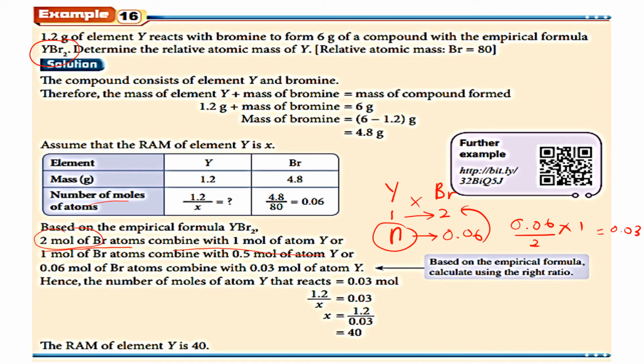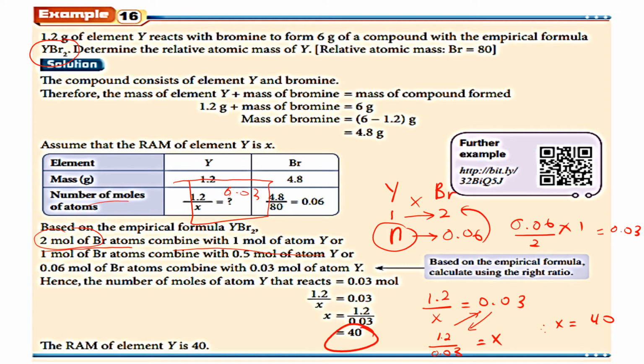So the moles is 0.03 by the proportion method. Now you take this formula: 1.2 divided by X equals 0.03, where X is the relative atomic mass of Y. To find X, you bring X up and 0.03 down, so 1.2 divided by 0.03 equals X. So X equals 40.